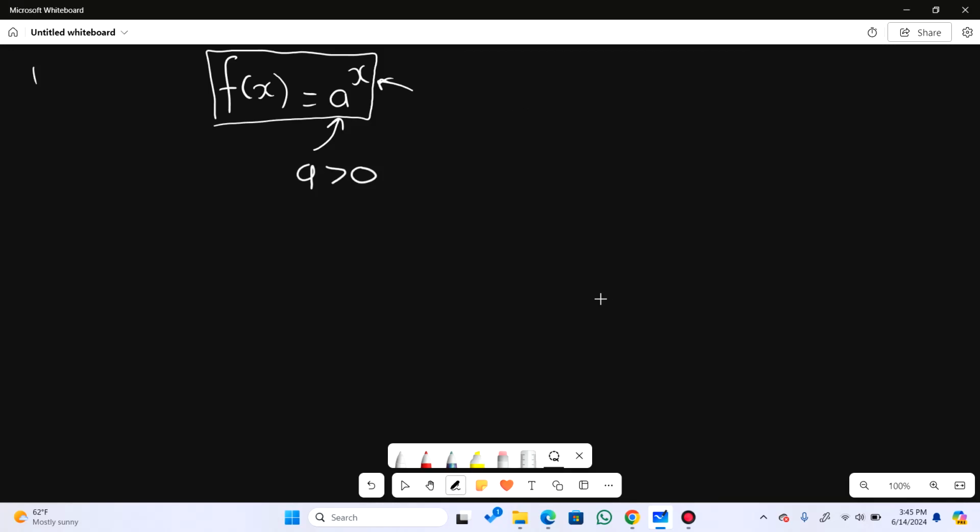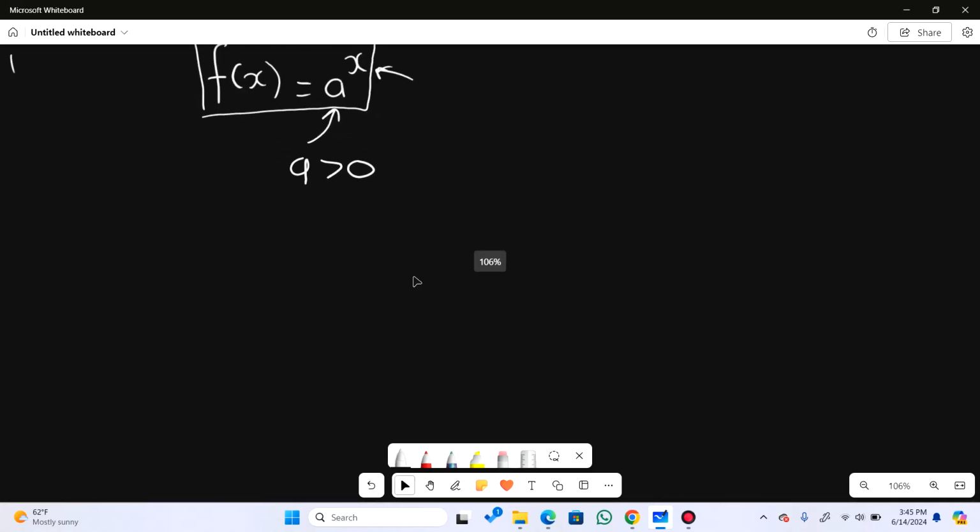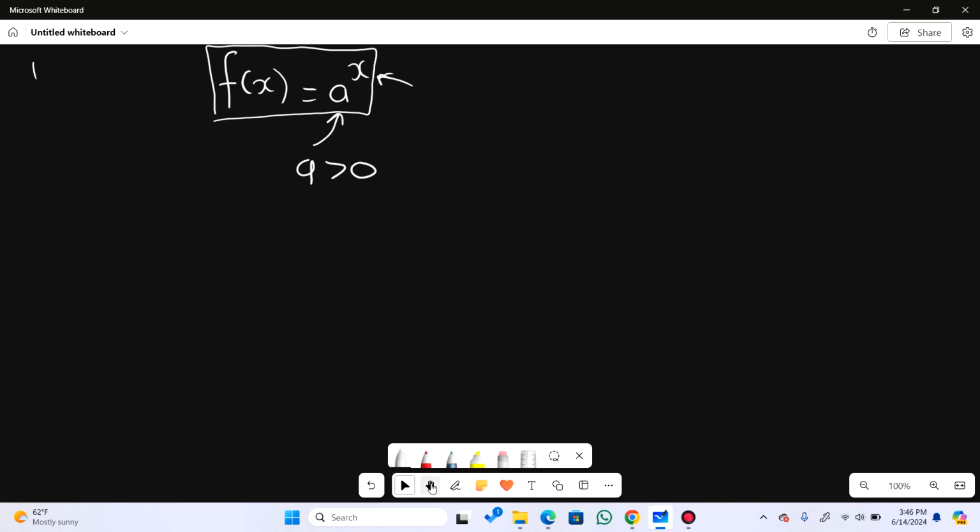Okay, so now the things to note when dealing with exponents are your laws and properties, right? So let us look at the laws and the properties of exponents.